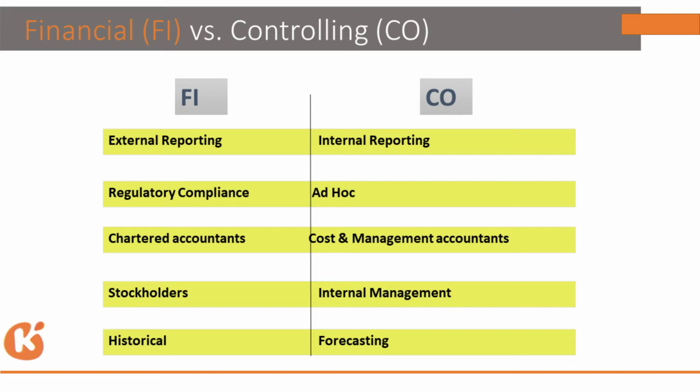So we will conduct our sessions in this order. So initially, when we have this access into the system, we'll go directly into controlling org structure, okay, and the basic settings. So what are the basic settings required for controlling? That we'll cover first.